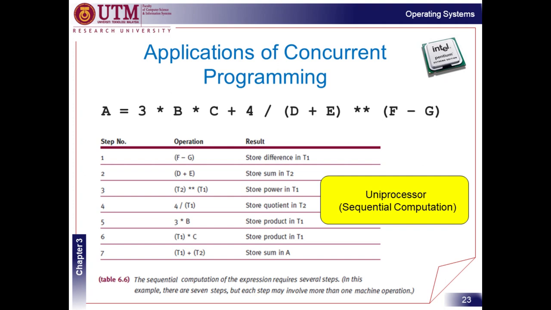The equation is A equals 3 times B times C plus 4 divided by the quantity of D plus E raised to the power of F minus 3.